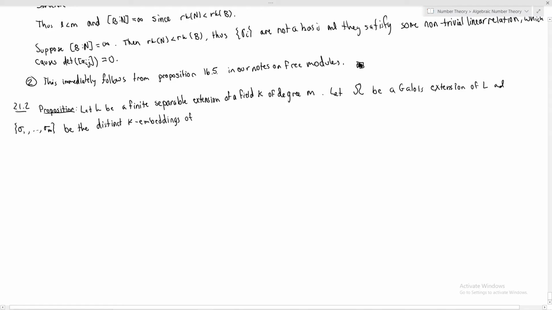So this should remind you of our notes, I want to say it's lecture 17 on trace, norm, and Galois theory. K embeddings of L into omega.